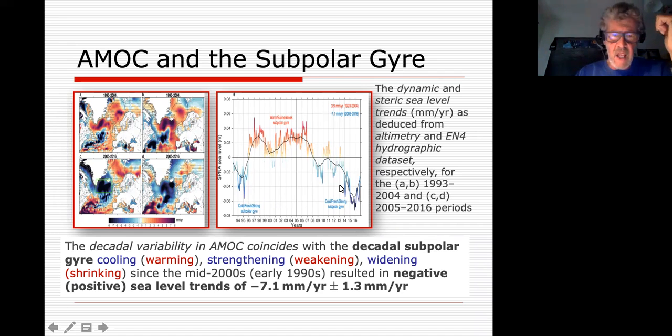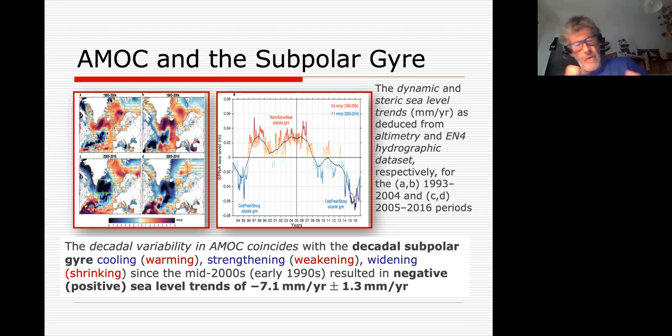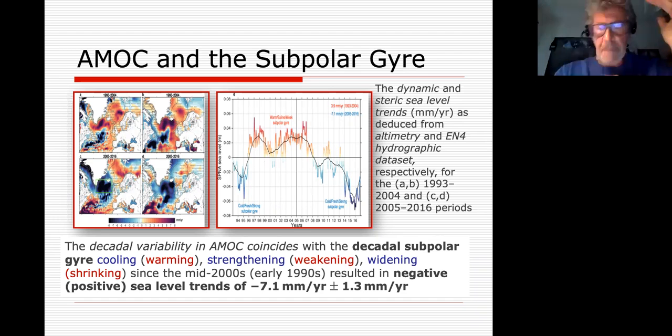So a long-term variability. This decadal variability in the subpolar gyre is connected to the cooling, strengthening, widening, and, on the opposite, the warming, weakening, and shrinking, related to the expansion of the dynamic steric sea level.